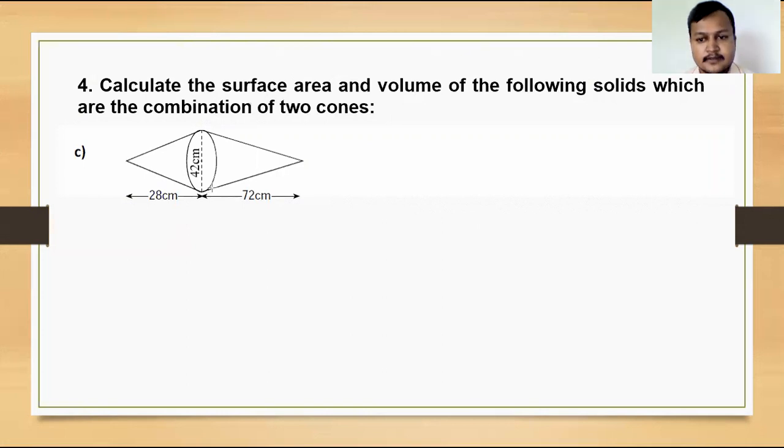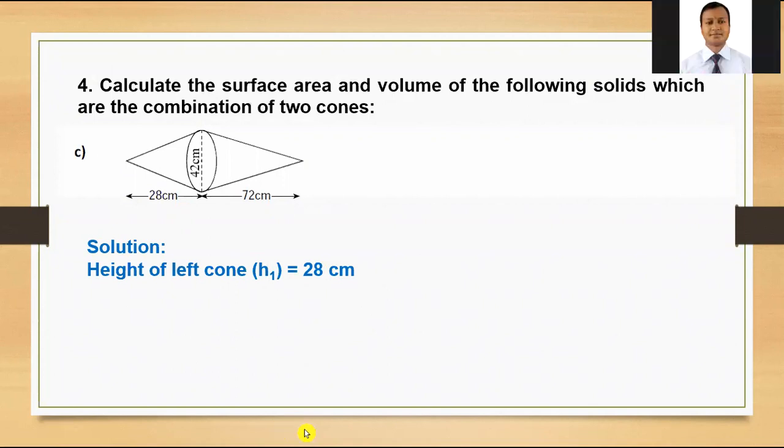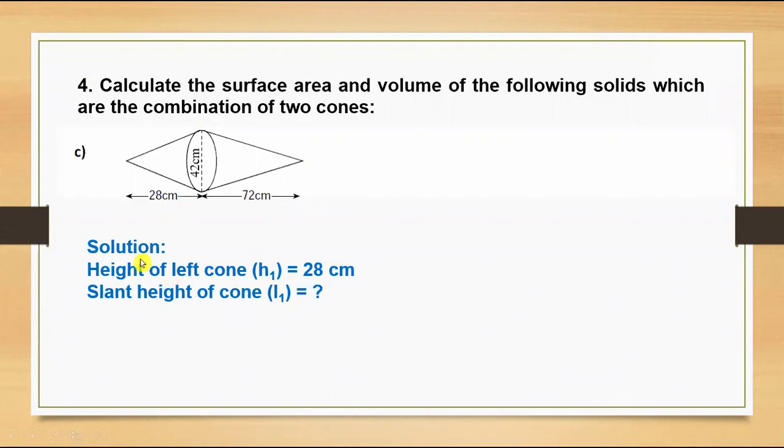And there are two cones. Because of that reason we have to denote one height by h1, another by h2, and similarly one slant height l1, another slant height l2. So here I denoted the height of the left side cone, 28, by h1, and I denoted the height of the cone at the right side by h2, and the radius of both is the same. The slant height of the left side cone, l1, is not given to us.